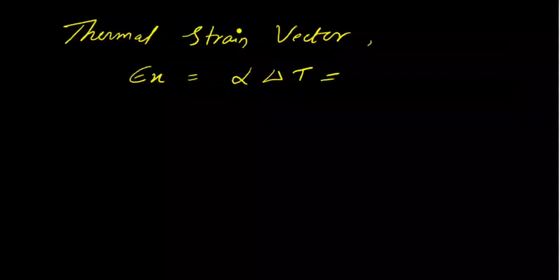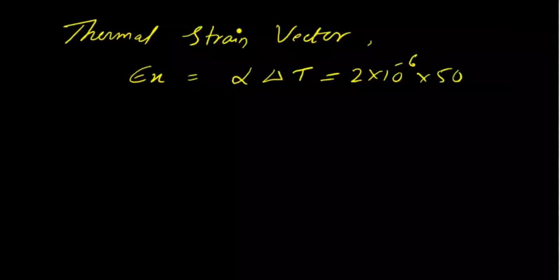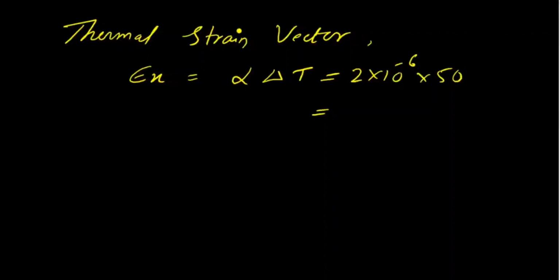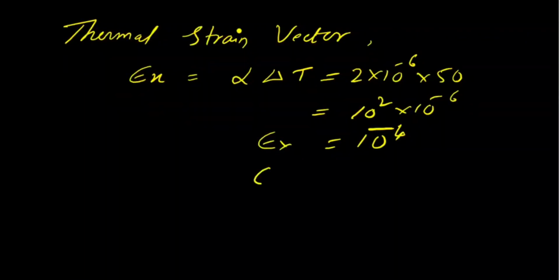Alpha is given as 2 into 10 power of minus 6, and change in temperature is 50. So 100 into 10 power of minus 6, that is 10 power of minus 4 for epsilon x. Similarly, for epsilon y also 10 power of minus 4.